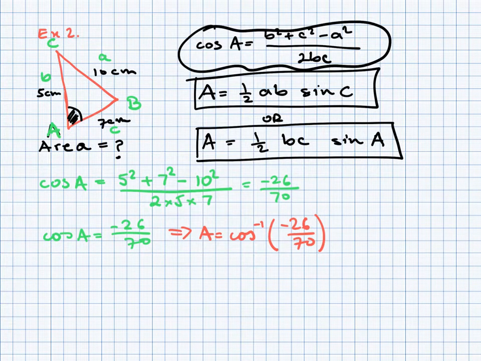Now let's do cosine inverse of negative 26 over 70, and that gives me 111.8.